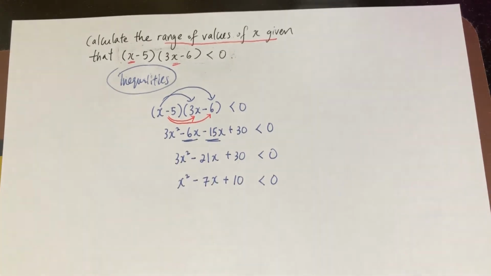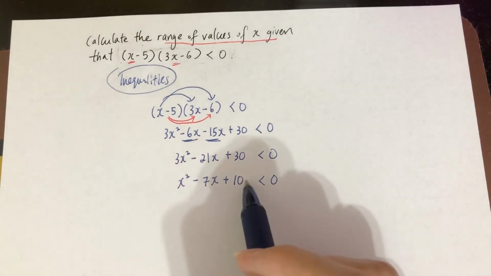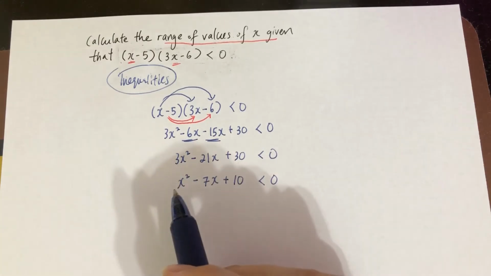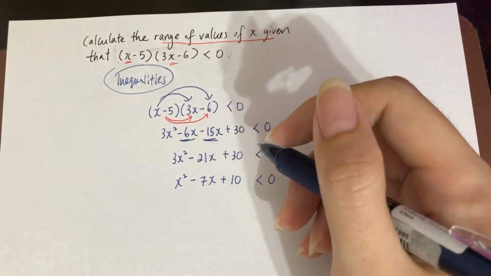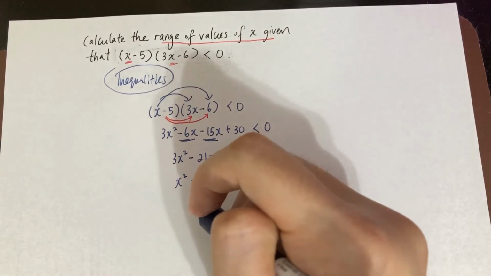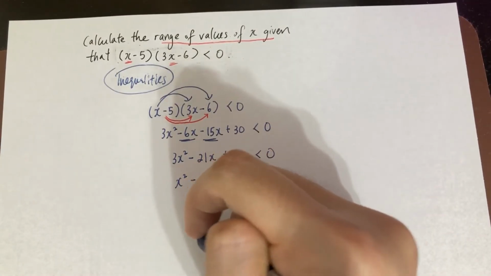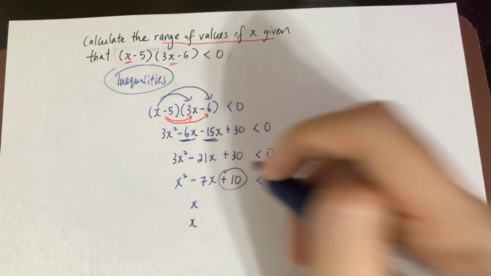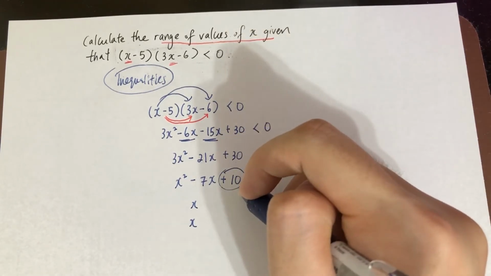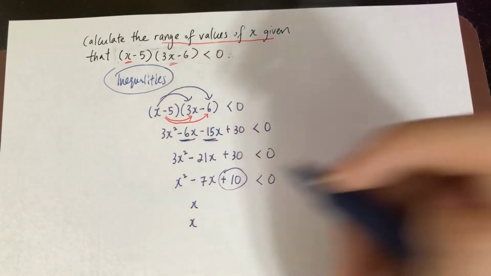So our next step is to factorize this expression. Using the multiplication framework, x and x, think of some factors of 10 that would together give us 7 somehow.